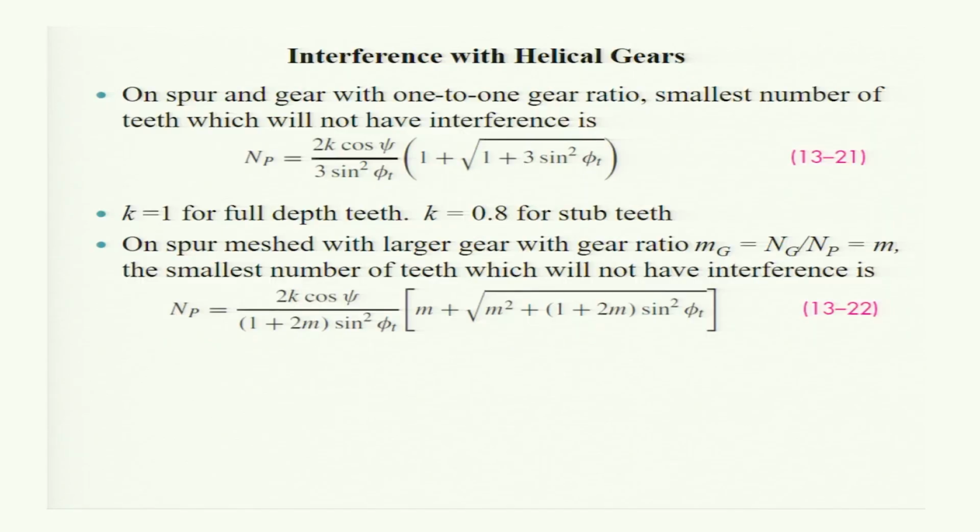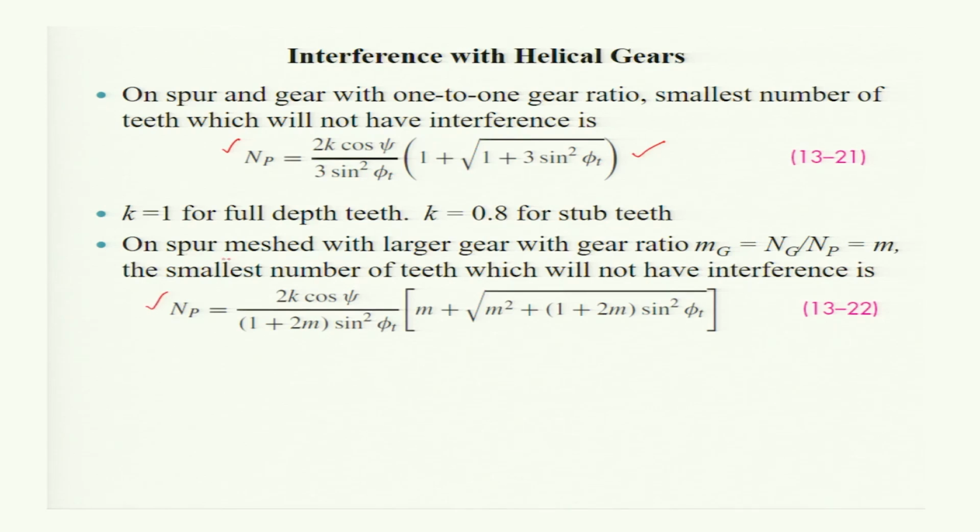Now, the interference with helical gears. Similar to the spur gear, there will be interference in the helical gears also, because they are made with an involute profile. So the minimum number of teeth on the pinion can be obtained from this. K is equal to 1 for full depth and K is equal to 0.8 for stub teeth, similar to the spur gear.